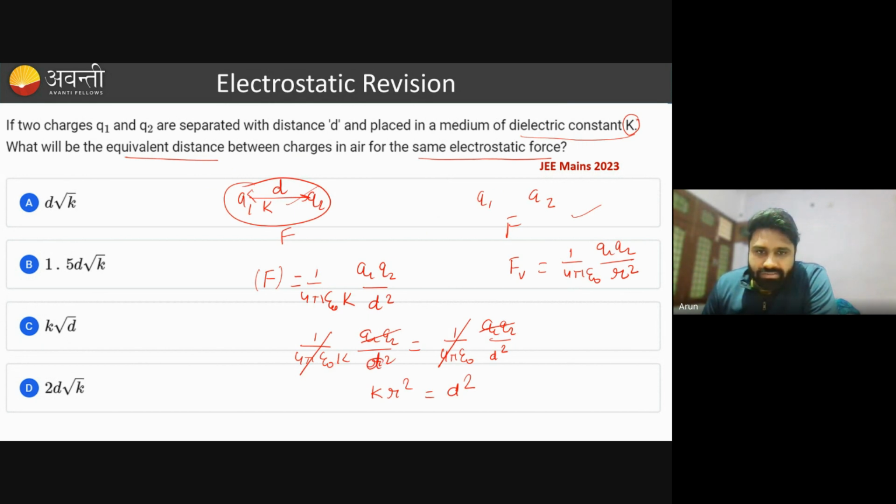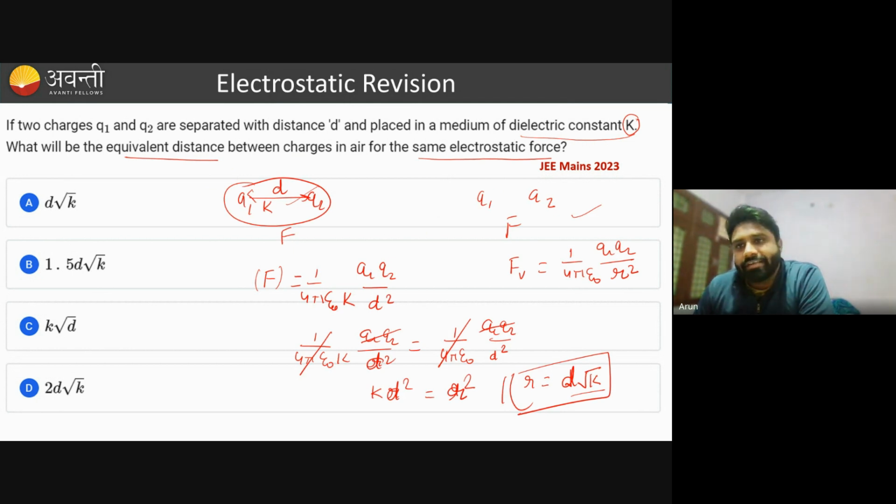So this will become K R square equals d square, and R is nothing but d by root K. So in vacuum, you need to put the charges at a distance of d by root K, so that you have the same force as experienced when you place these charges in dielectric constant K. So option A is the correct option.